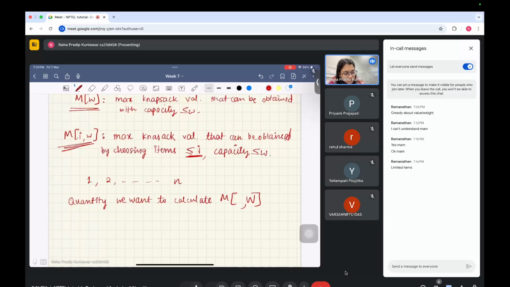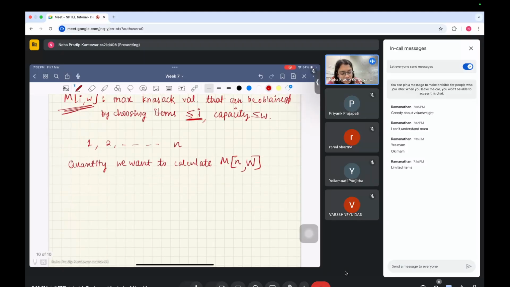But what is i here? What are all the items that I'm allowed to use? I'm allowed to use any of the n items, right? So initially I'm allowed to use any of the n items. So this is simply m of n comma W that I want to calculate.